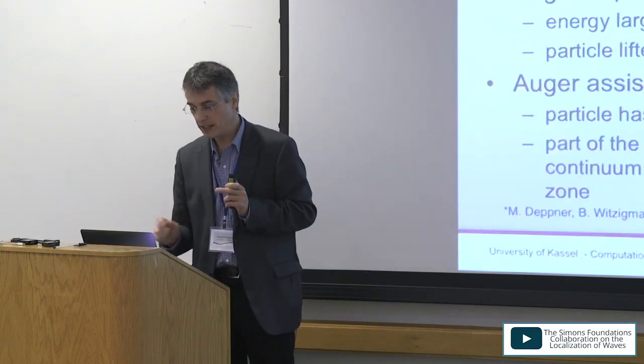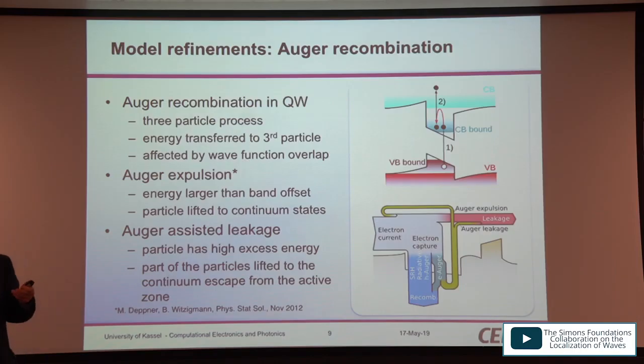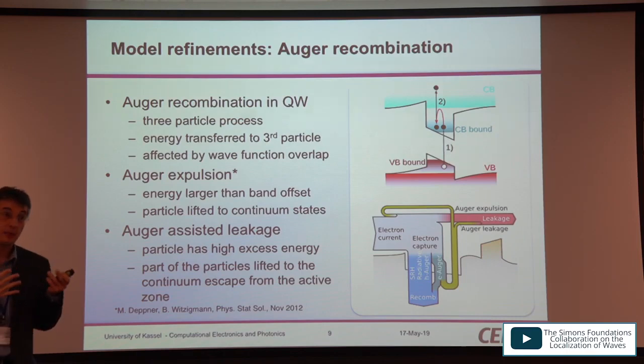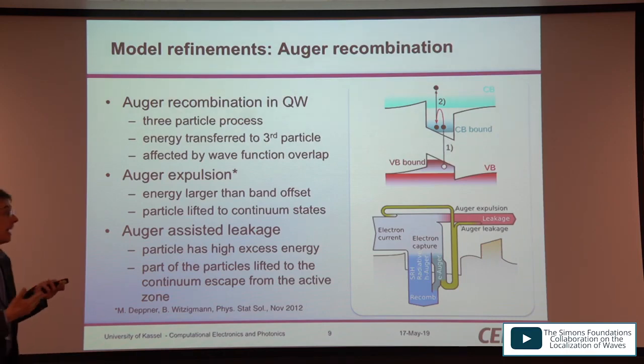So what we did is we studied certain updates and refinements to this model so that we can look at the experimental findings that have been made. One thing we started with in 2012: we proposed that if we have an Auger process, which was under discussion at the time, then the recombination of carriers produces a high energy third carrier.